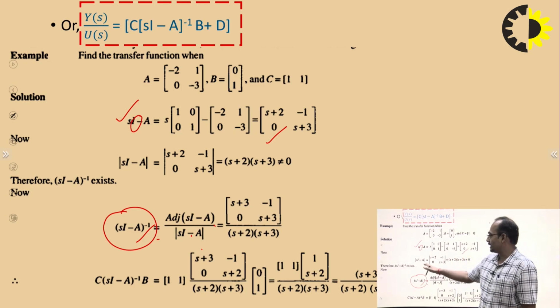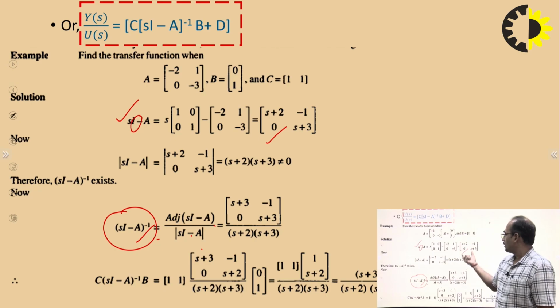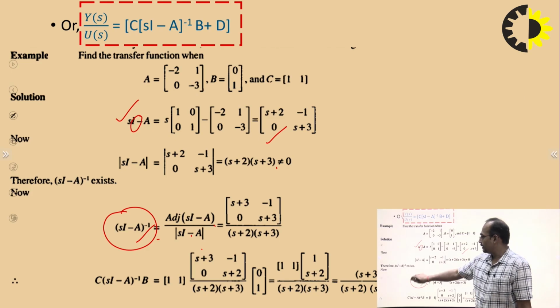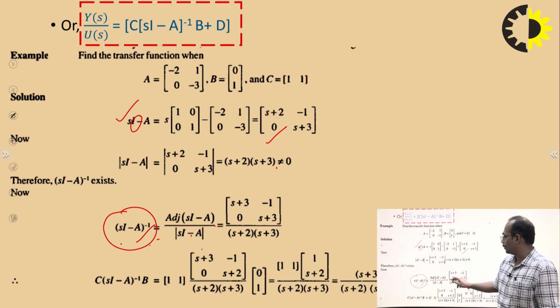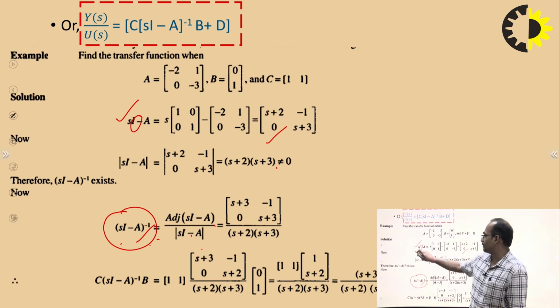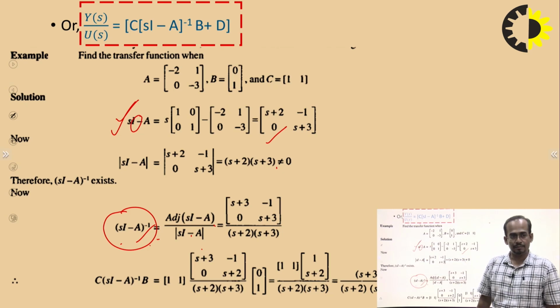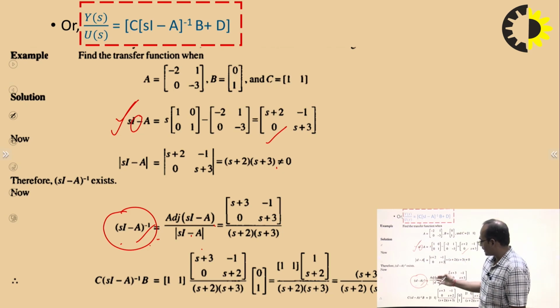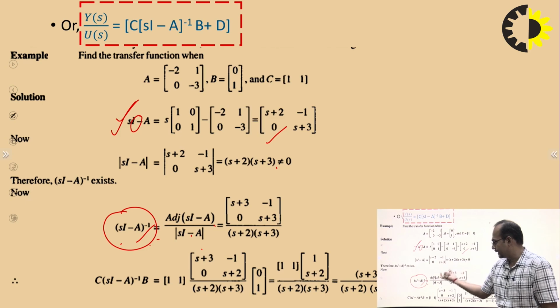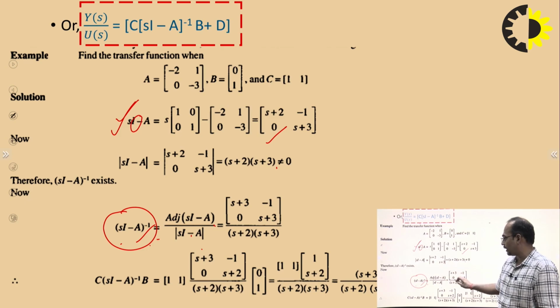Mod of (sI minus A) is equal to (s plus 2) into (s plus 3) plus 1. Here (sI minus A) inverse will be equal to adjoint of (sI minus A) upon mod. You will find the adjoint of (sI minus A) by using this sI minus A, and that will be s plus 3, 0, minus 1, s plus 2.